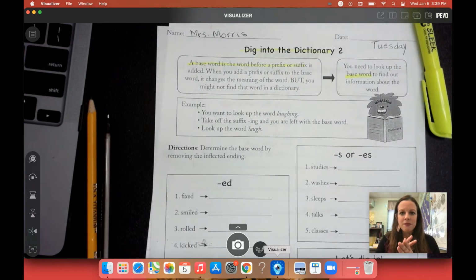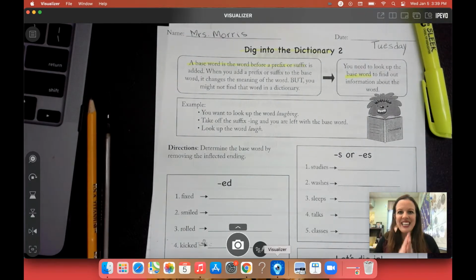For example, let's say that Miss Morris gave you the word cleaning. Cleaning. If I took off the suffix ing, what would I be left with? Clean. That's right. Clean is the base word of cleaning. Let's do another one. What about laughing?